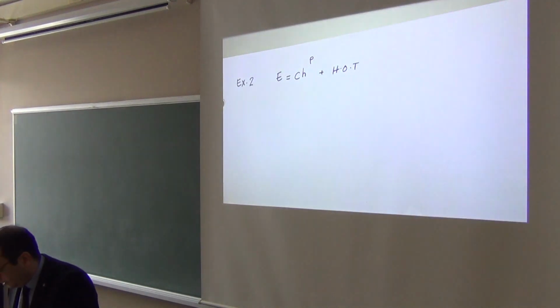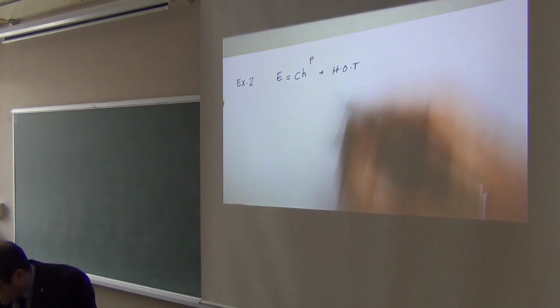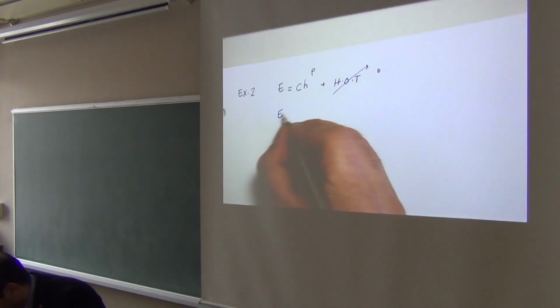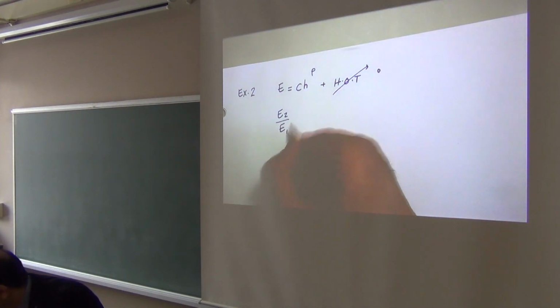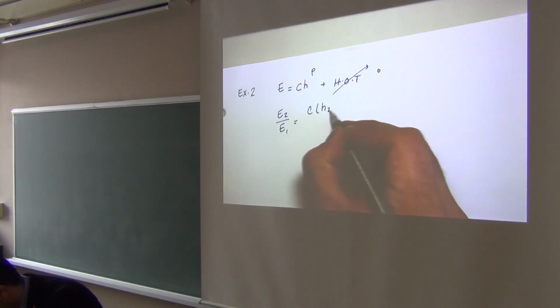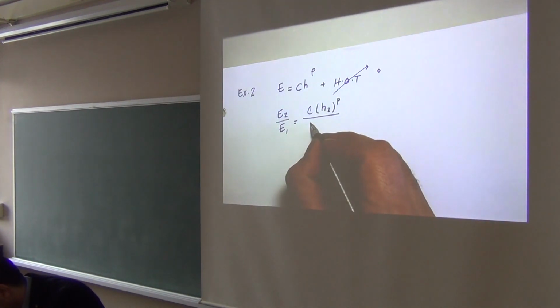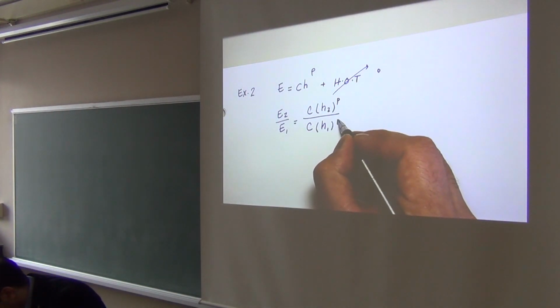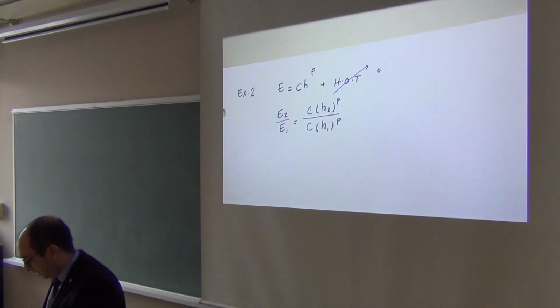Usually, practically, we neglect higher order terms. Then the ratio of two errors is the ratio of C h to the power of p.